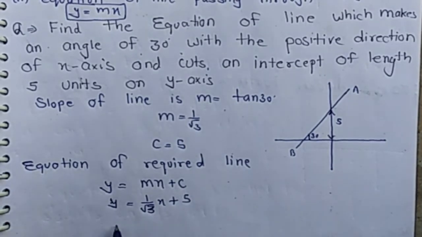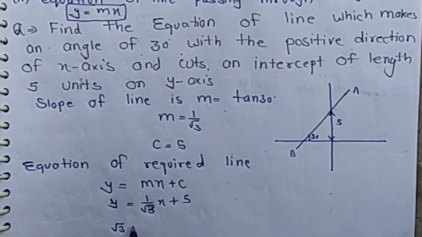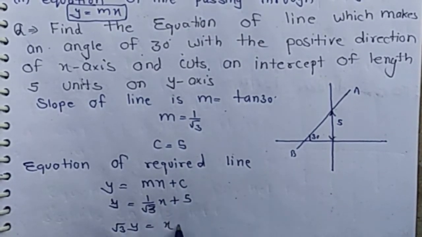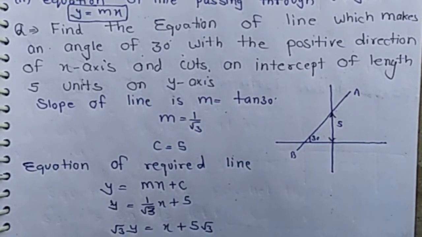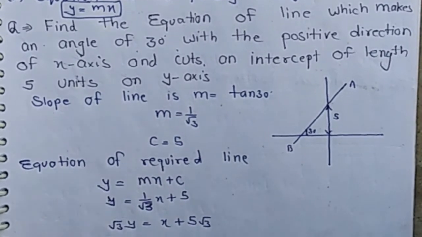Then the equation of the line is y equal x by root 3 plus 5, and it is the answer.